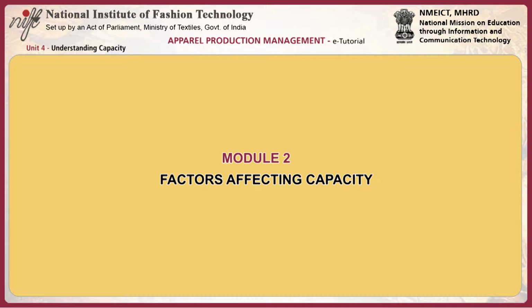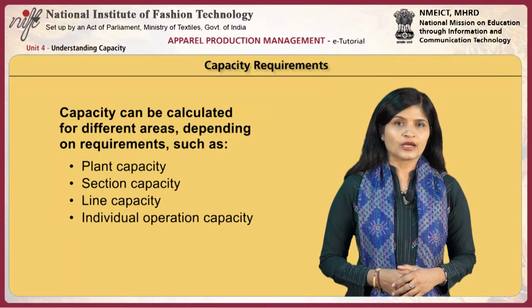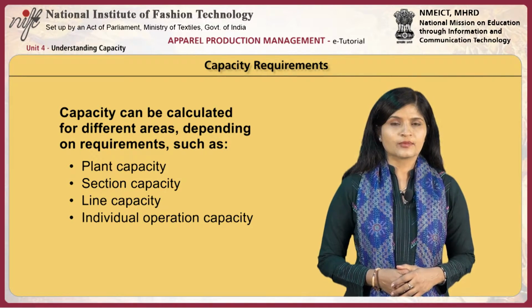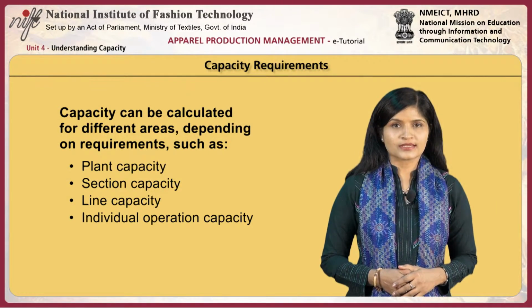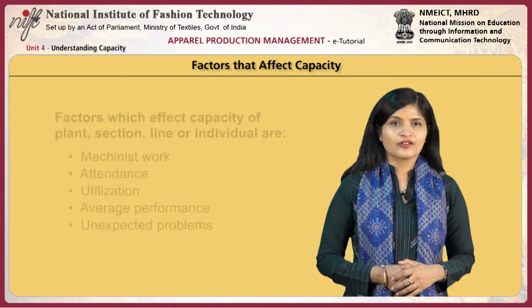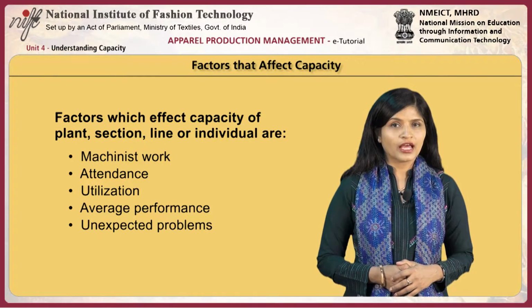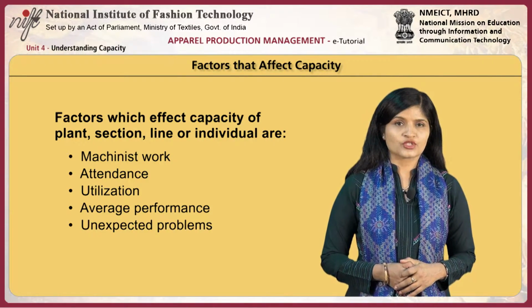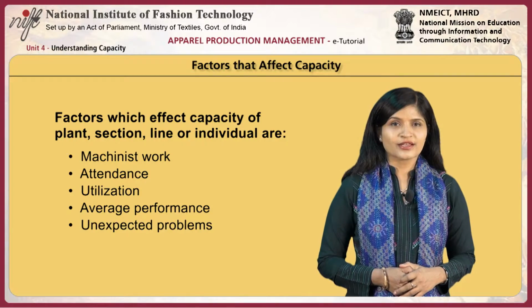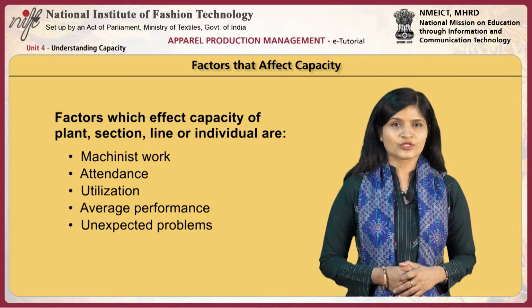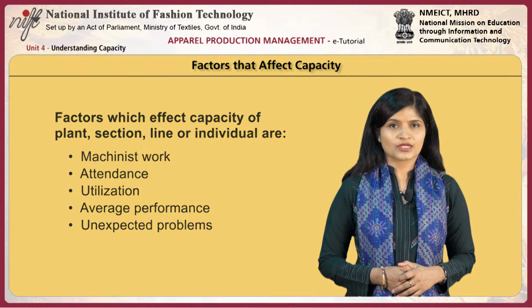The second module examines the factors affecting capacity. Capacity can be calculated for different areas depending on the requirement like plant capacity, section capacity, line capacity, individual operation capacity. Factors which affect capacity of a plant, section, line or individual are machinist work, attendance, utilization, average performance and unexpected problems.